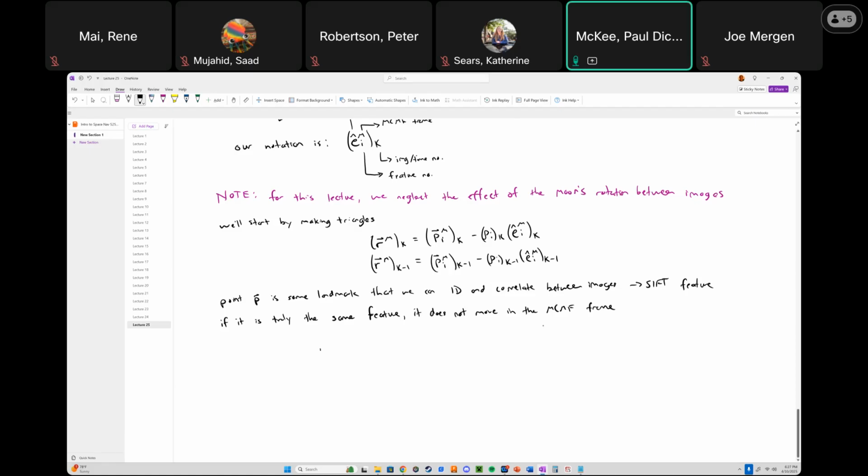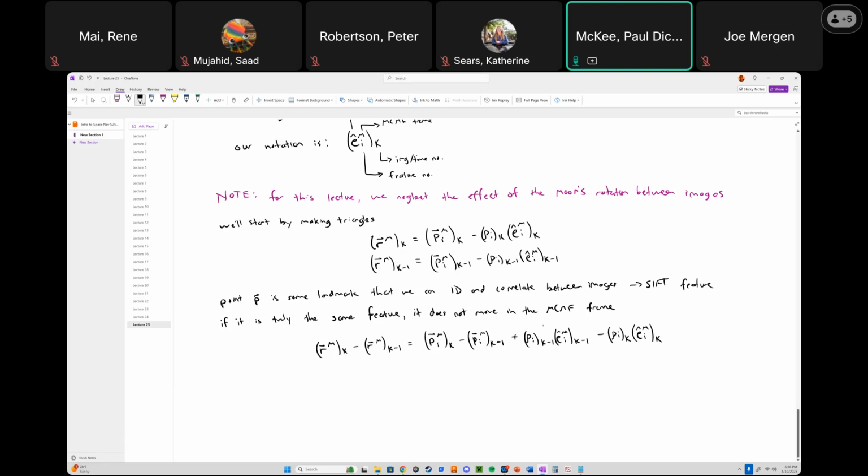So we can say position in the moon frame at time k minus position in the moon frame at time k minus 1 is equal to point i in the moon frame at time k minus point i in the moon frame at time k minus 1, plus rho_i at k minus 1 E_i^m at k minus 1 minus rho_i at k E_i^m at k.